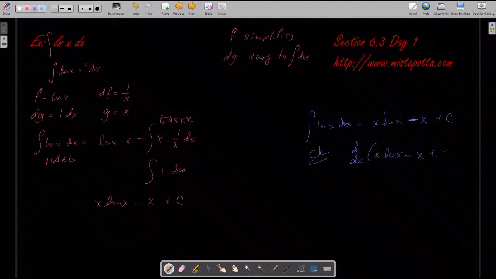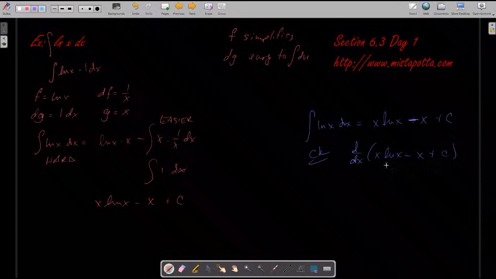And the product rule says it's going to be the first times the derivative of the second, 1 over x, plus the second times the derivative of the first.